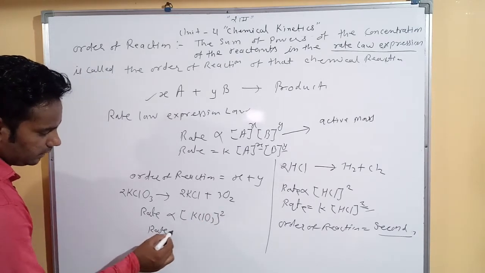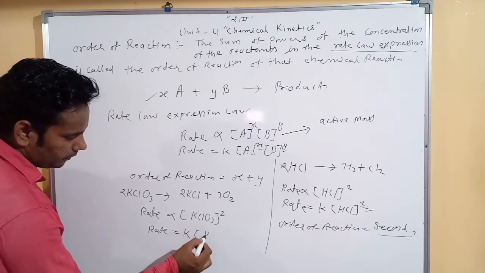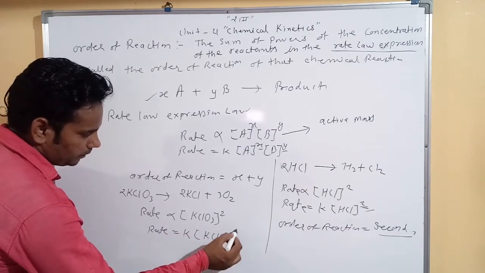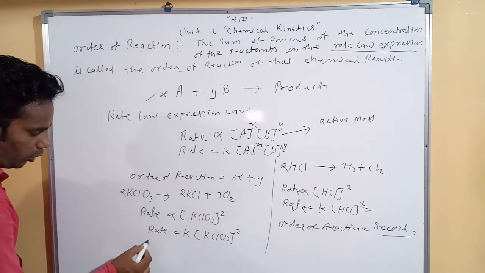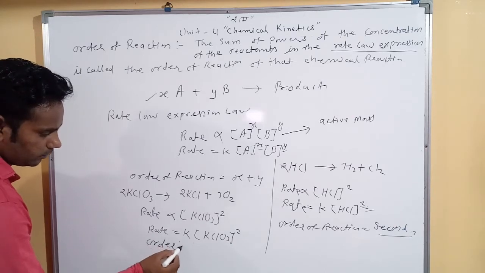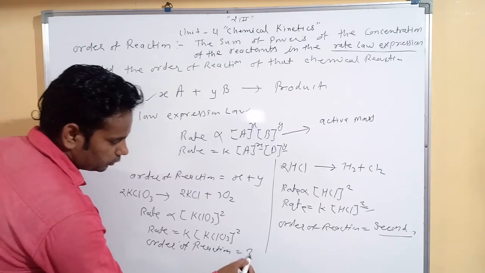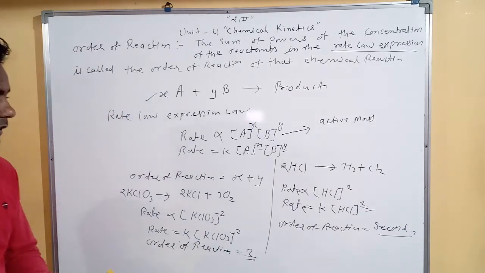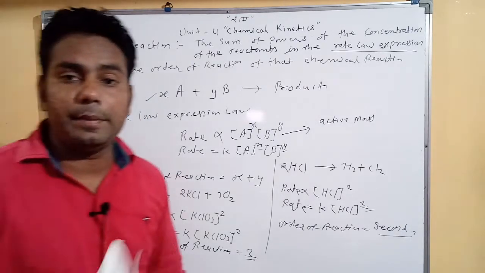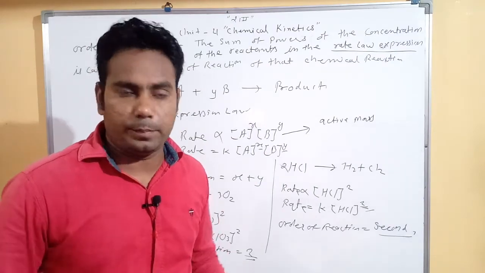So rate is equal to K[KClO3]^2. So the order of reaction is 2.